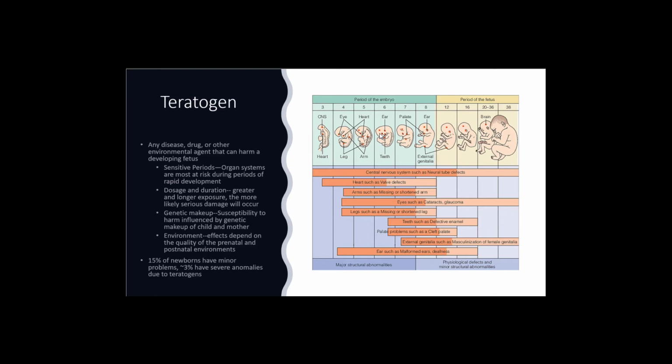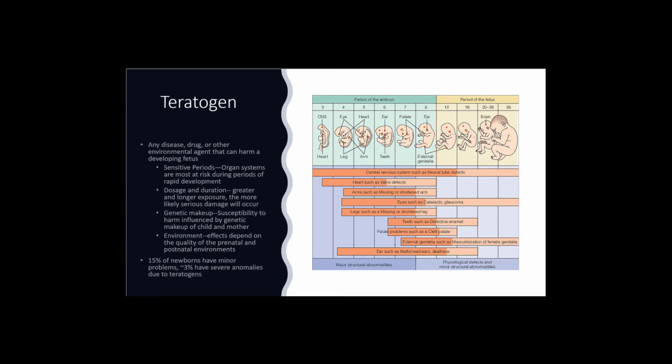Certain organs, parts of the brain, or limbs develop rapidly at a particular part of pregnancy. During that rapid time of growth, say for eyes, I'm just making something up, eyes develop within the fourth week. Rapid development of the eyes occurs within the fourth week.